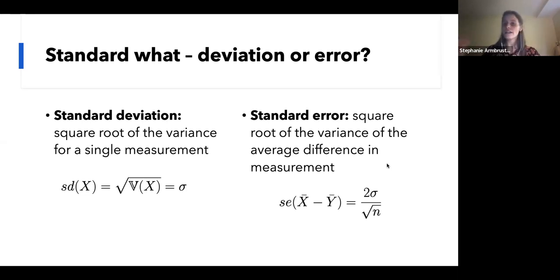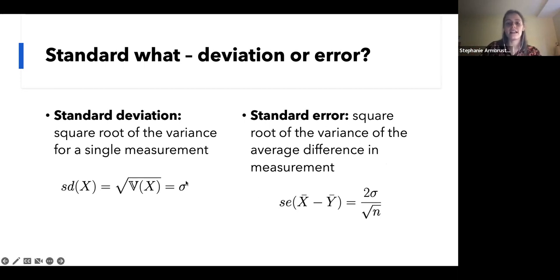But for a healthy individual, there's a certain range that your individual blood pressure should fall into. If you measured me today and the day after and the day after, there's a certain range that my blood pressure would always fall into, right? And that is just what the standard deviation describes for us.